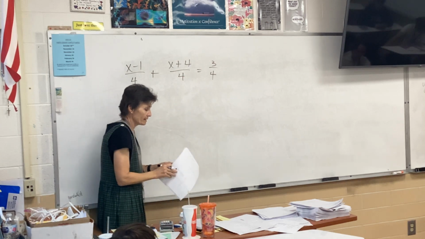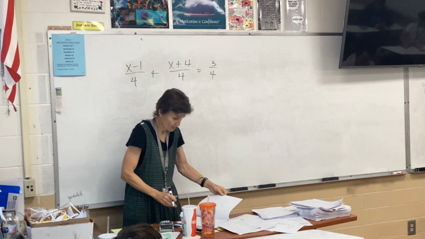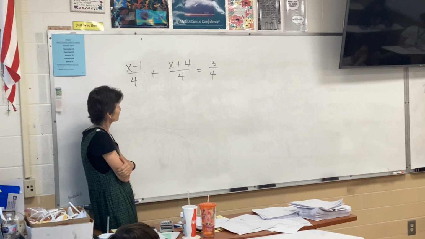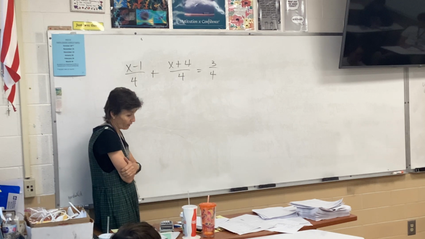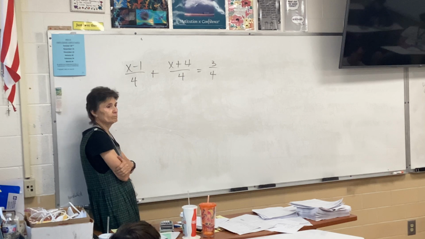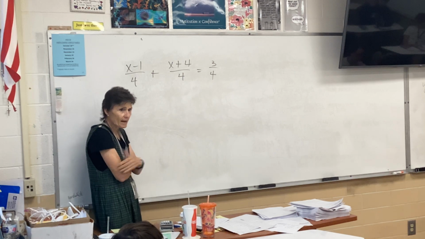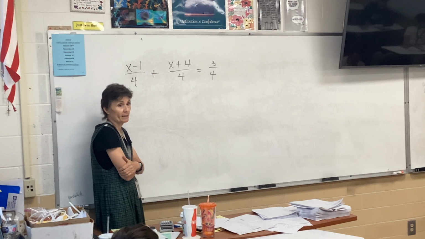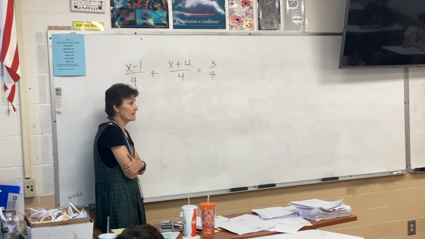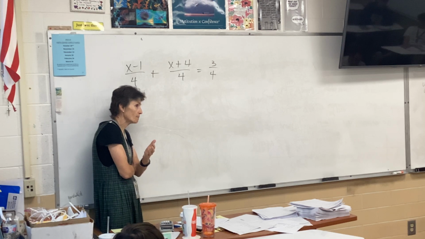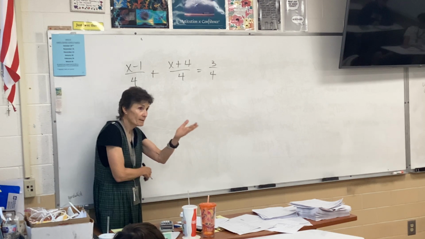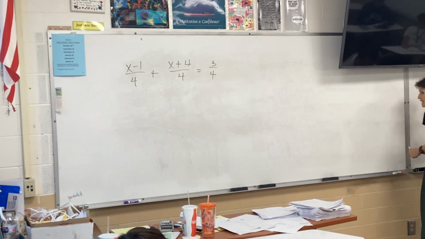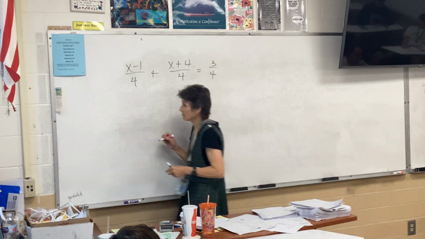Which actually, I think you probably already know how to do these problems. So here's number 1. What would you do if you just had to solve this all by yourself? You would multiply everything by 4, because what will that accomplish? If you times everything by 4, the denominators are gone and you don't have any fractions anymore, right? So I'll just multiply everything by 4.